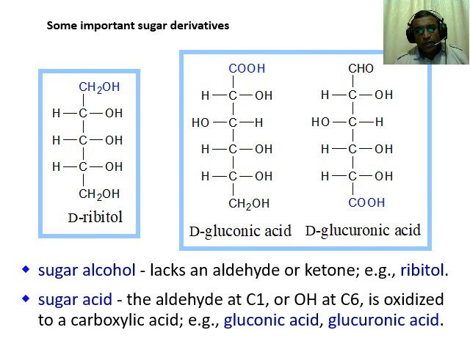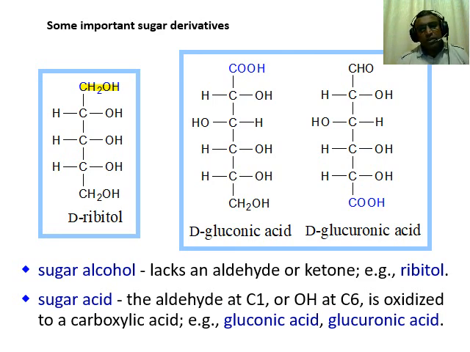So more sugar derivatives been shown here. You have the ribitol comes about because of the glucose removing the carbonyl group and attached with CH2OH. So it's alcohol. So it's known as ribitol.